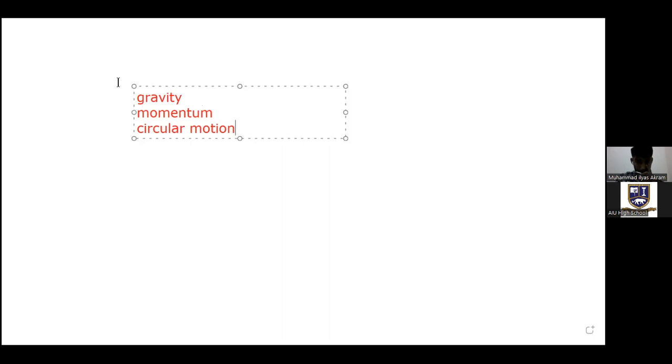According to Newton's law of motion, every body in the universe attracts every other body toward itself.